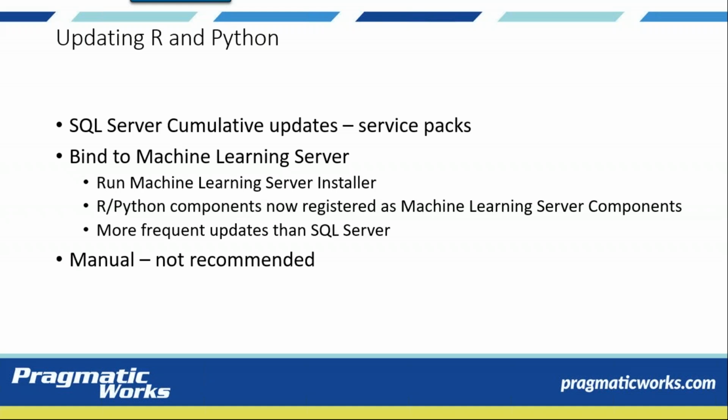The reason you would do that is because Microsoft provides more frequent updates on that product, since it's just the machine learning functionality. Whereas with SQL Server, it's all wrapped up with other cumulative updates and isn't dedicated. You can also do manual updates. We can pull down our own packages in R, and that's pretty simple to do.